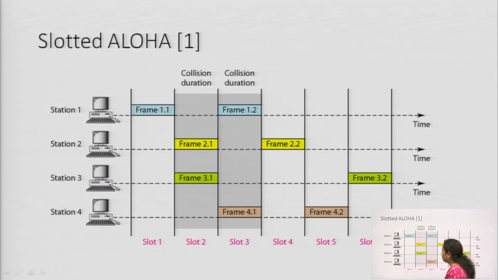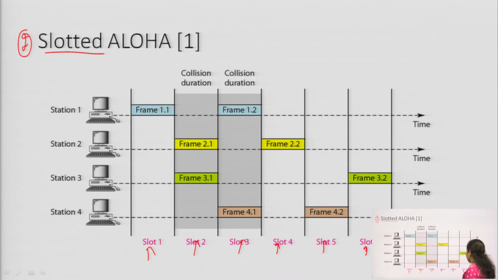You have seen that this is the second type of ALOHA, the time sequence is divided into different slots, like this is the first slot, this is second slot, third, fourth, fifth and sixth. So, the time axis is divided into different slots. We have divided it into 6 different slots, and the first frame that has been transmitted from station 1 is denoted by frame 1.1.